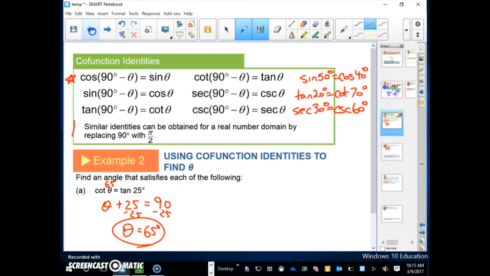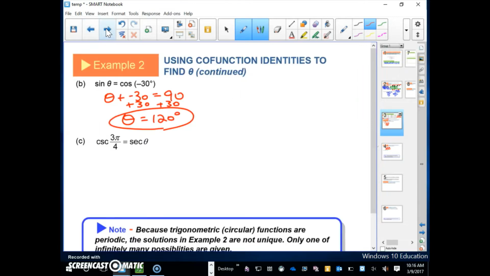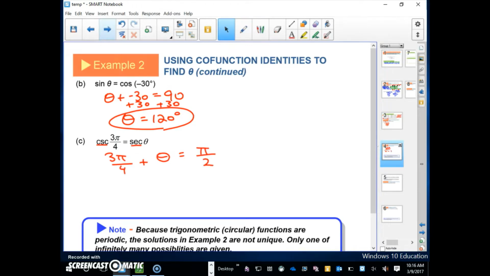I forgot to point out over here, similar identities can be obtained for 90 degrees when you use pi over 2. The radian equivalent is pi over 2. And so when we do example 2c, and we see these two things are cofunctions, instead of saying those two angles add up to 90, we would say in radians, those two angles add up to pi over 2. And so it's really the same thing, it's just a lot harder to do in your head.